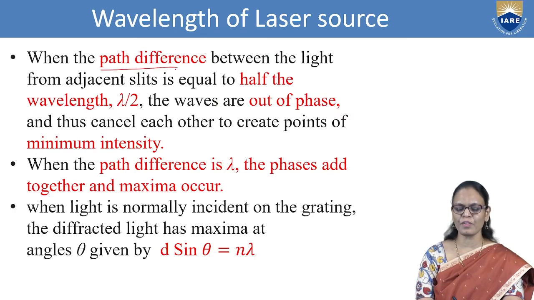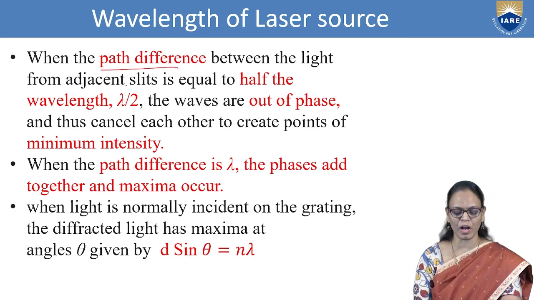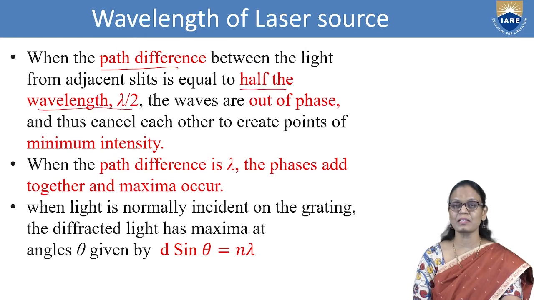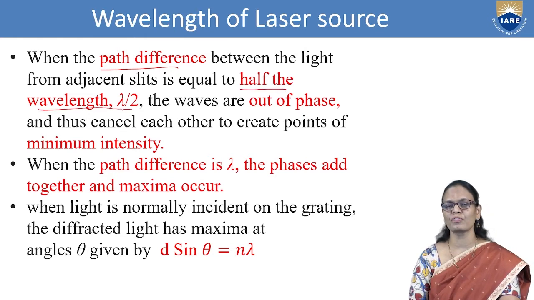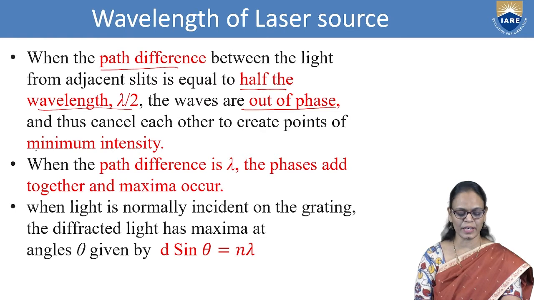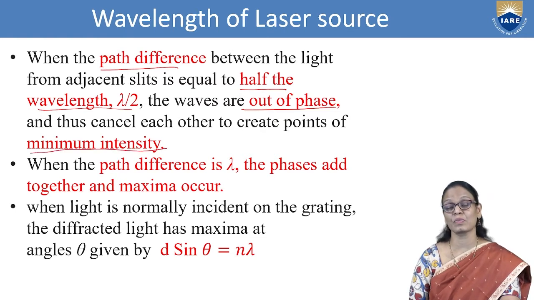Now, when the path difference between the light rays from adjacent slits is equal to an odd multiple of half the wavelength, they are out of phase. They cancel each other and they give rise to minimum intensity, which we call dark bands.